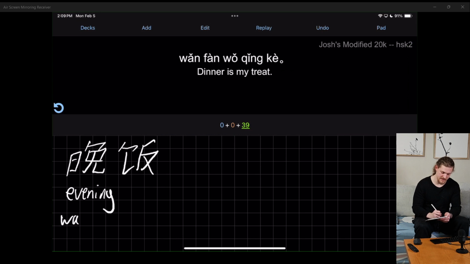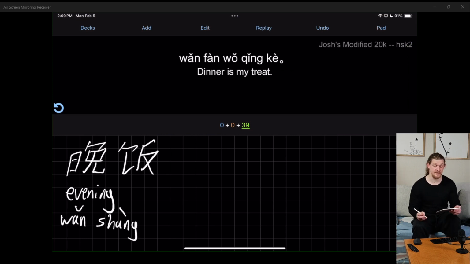So this is like before we said 晚上. 晚上 would be evening, right? So 晚 means in the evening, and 饭 means food. 晚饭 means so evening food. We have our dinner, right?